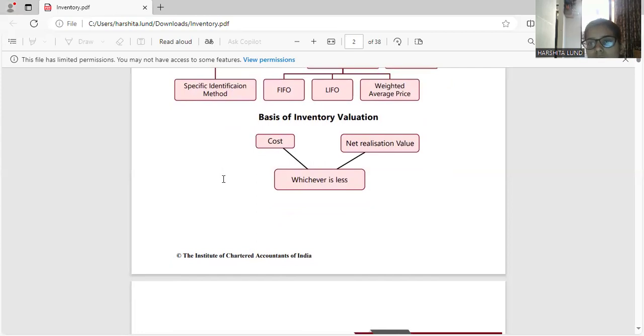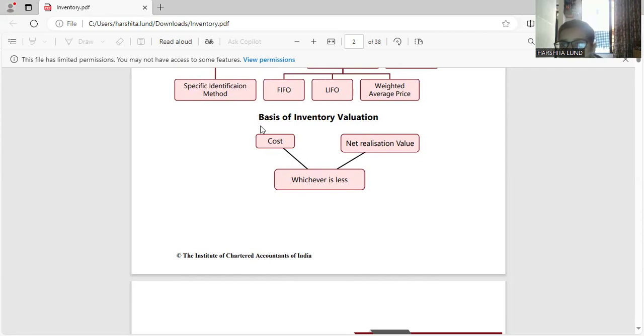Basis of valuation: inventory is always valued at the lower of cost or NRV. For the cost calculation, we include all directly attributable costs which are necessary to make that asset ready for sale.